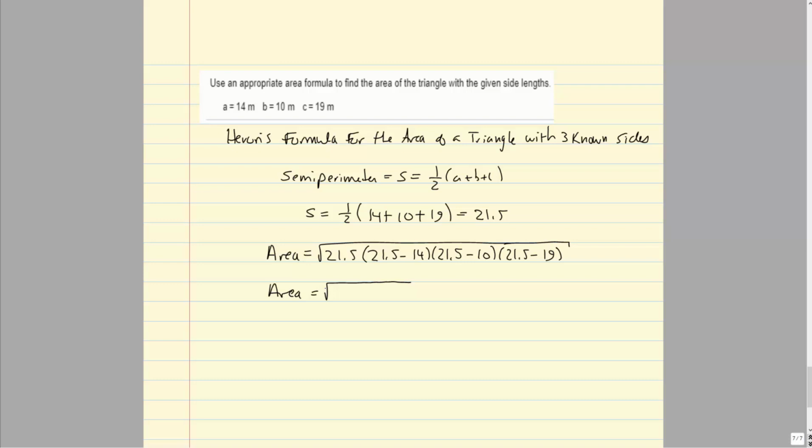So this value under the radical is 4635.9375, and I want to take the square root. If you're using your calculator, that's really nice if you can take it to the 0.5 power. And I get 68.08771916. So if we round that to the nearest tenth, it would be 68.1 square meters in this case.